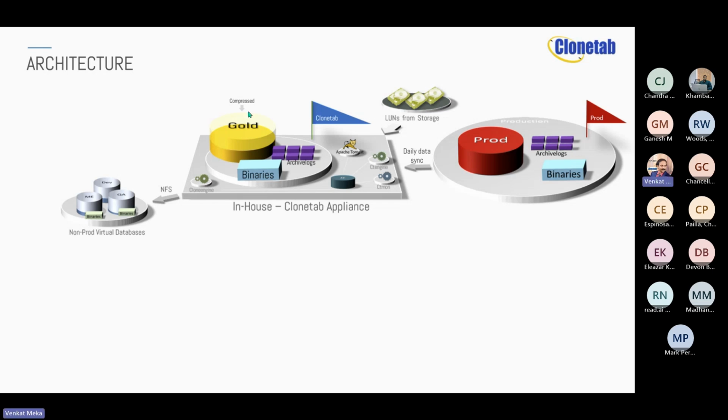Now, how long does it take to clone this way? Typically, a single node environment, as I said, could be taking like 30 minutes or so. But if you are adding the additional post-clone functionality, then obviously whatever time it takes for those post-clone tasks should be added.